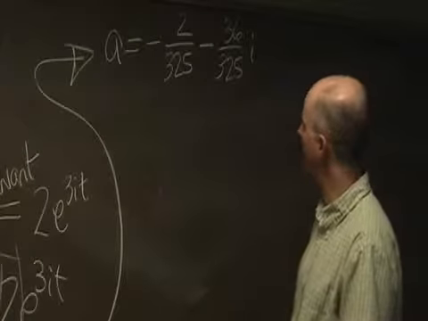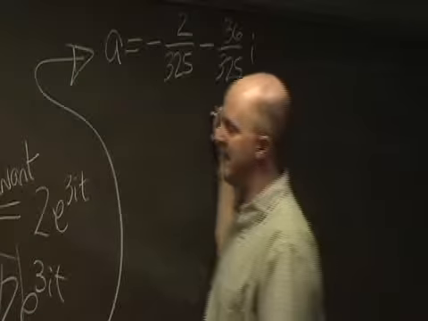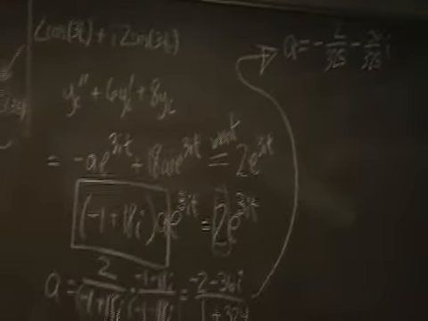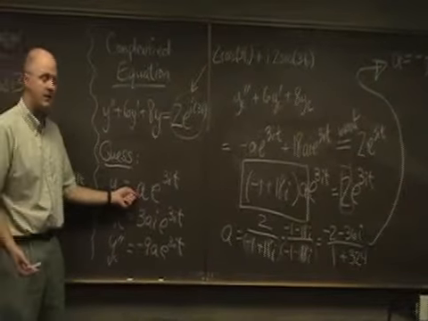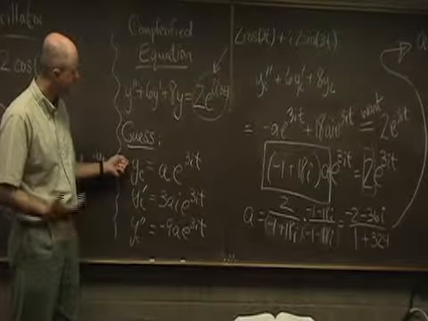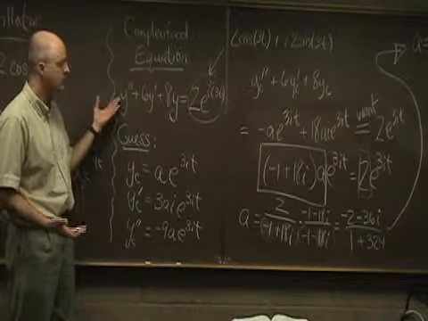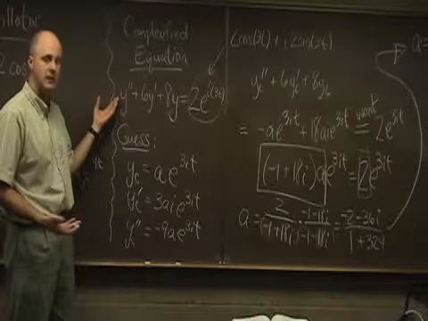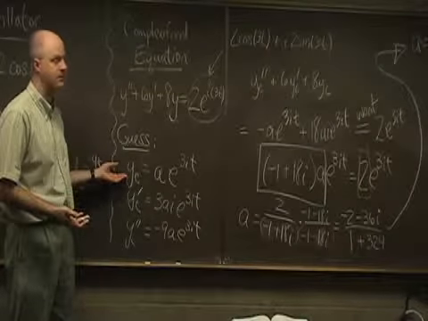So if we've done all our work correctly, and we have, this should be, when we plug it into yc, the value of the complex constant that makes this complex valued function, formally speaking, a solution to this complexified equation. And we'll want to take the real part of it to get yp for the original.